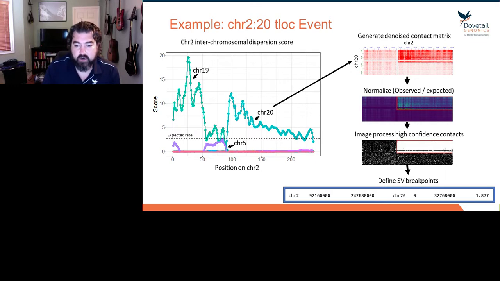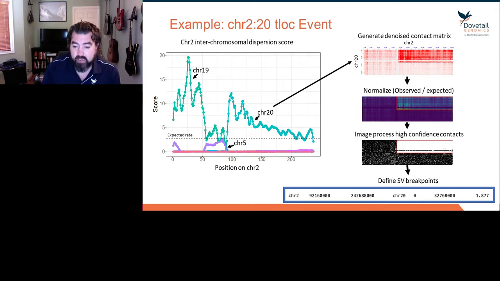And as you can see, there is this really bright spot between this particular region of chromosome 2 and chromosome 20. After we normalize the contact matrix for what's observed versus expected, we get a clearer view of the hot spot there of the contacts between the two chromosomes.